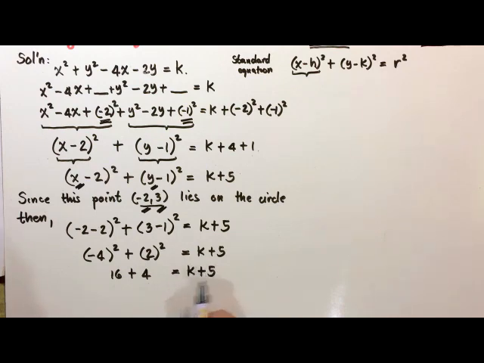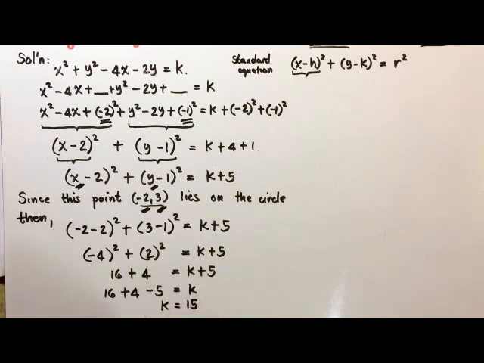So when I subtract 5 from both sides, 16 plus 4 minus 5, and here k plus 5 minus 5 cancels the 5. So what will remain is k. So k is equal to 15.